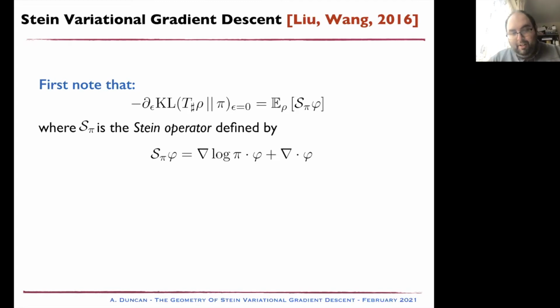And the key point here is that the only point at which pi enters is through here, and there's no dependence on the normalizing constant.